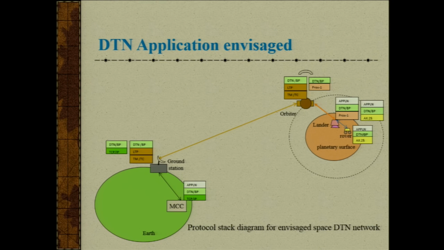The command files are sent to the lander and rover with the required time and the required lifetime of the message for its operation. Also, we have provision for emergency commanding and emergency telemetry from the rover to the ground and from the ground to the rover.